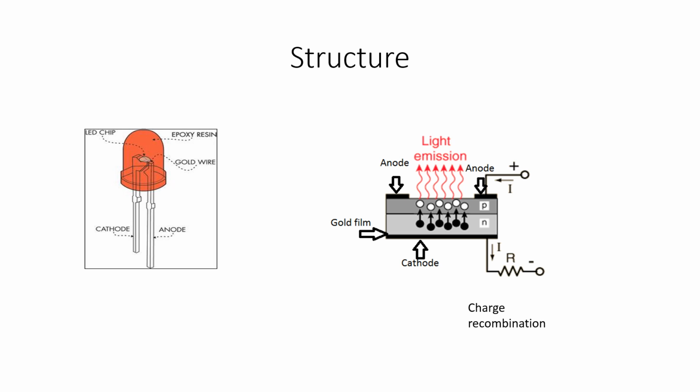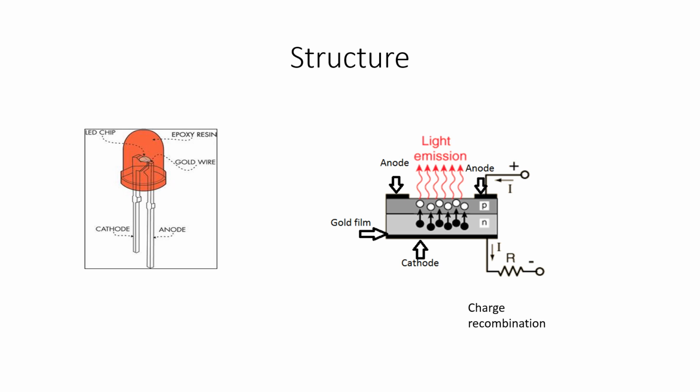Since carrier recombination takes place in the P layer, that is in the valence band, it is kept uppermost. The metal anode connections are made at the outer edges of the P layer so as to allow more central surface area for the light to escape to the outside.